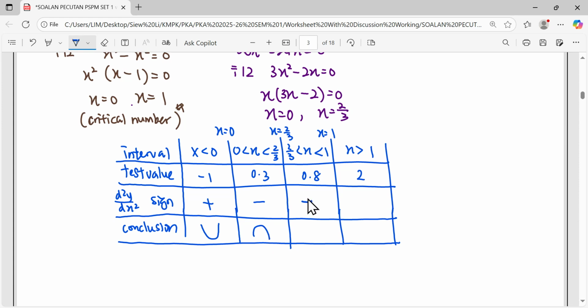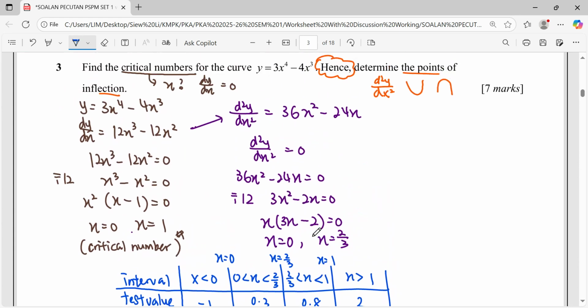This is positive, concave upward. Lastly, calculate for the value 2. It is also positive, concave upward. So when there is a change in concavity at the value we test, it is an inflection point. So here we have inflection points at x equals 0 and x equals 2/3.